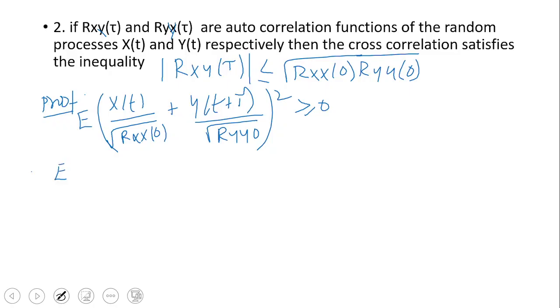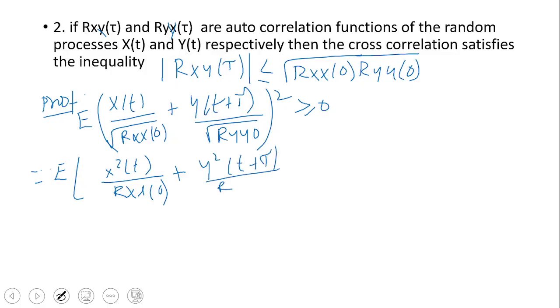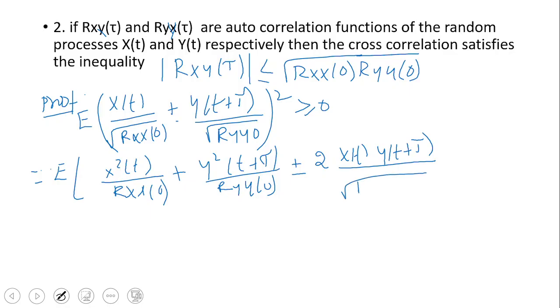What do you get? That is equal to the expected value of x square of t divided by r x x of 0, that is a square, plus b square, y square of t plus tau divided by r y y of 0, plus or minus 2 x of t y of t plus tau divided by square root of r x x of 0 r y y of 0, is greater than or equal to 0.